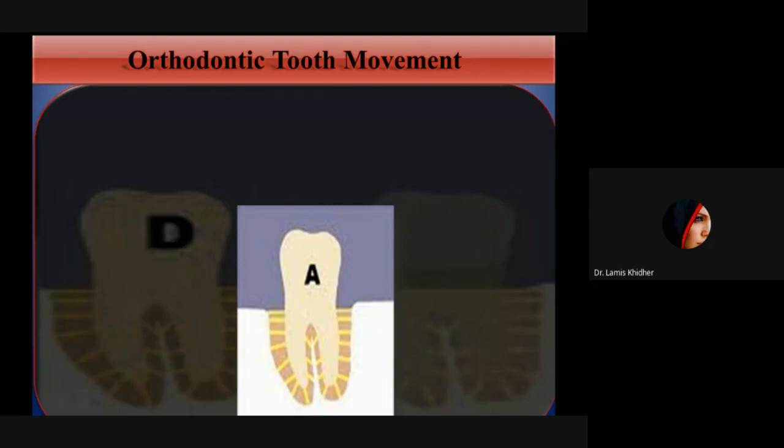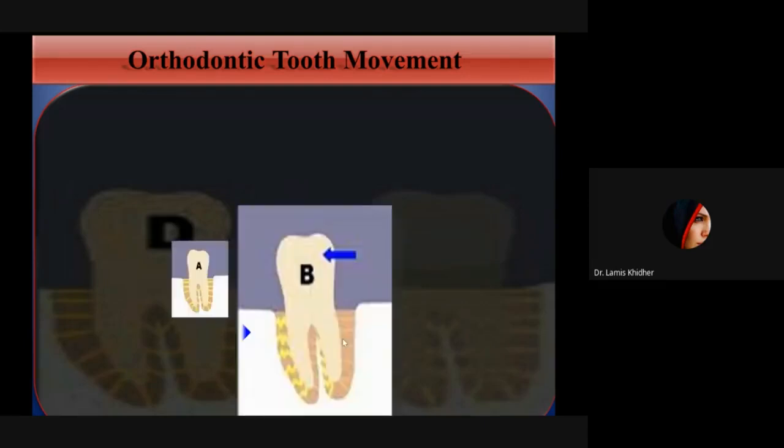And this is the right side of the tooth. Also, it is normal in its size and its shape and its position. While in the picture after we applied a force, you can notice the change that happened in the left side of the tooth, in the periodontal ligament, and in the right side.